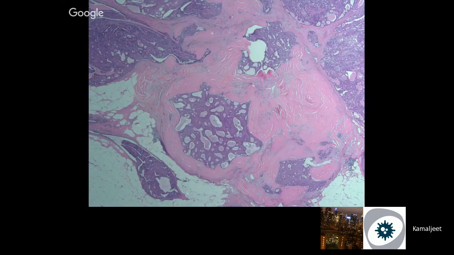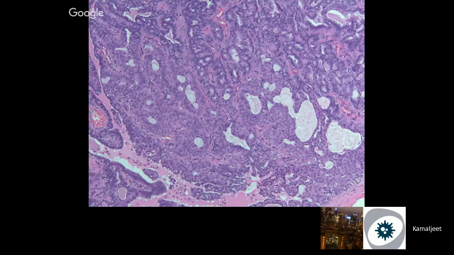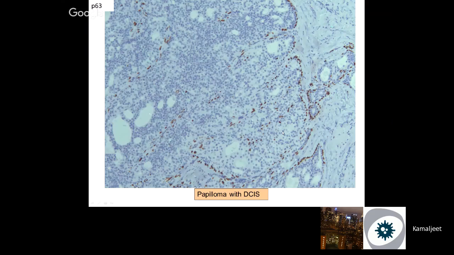So you have to go to the WHO, and I'll get to that, like how much ADH makes it to DCIS in a papilloma. So there are criteria for that. This is another case of a papilloma in which you have this central sclerotic area, and there's usual type ductal hyperplasia in the top half, and there is this atypical proliferation which strikes out as distinct, and there is occasional mitotic activity.